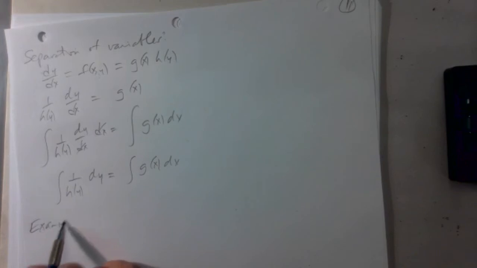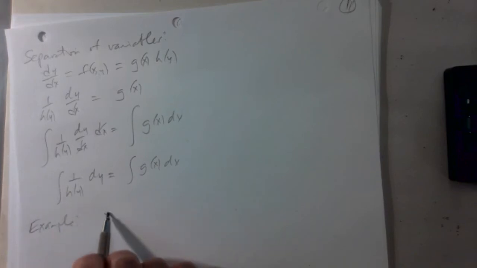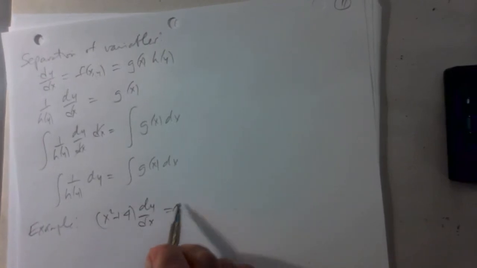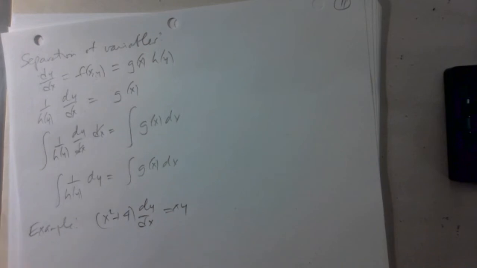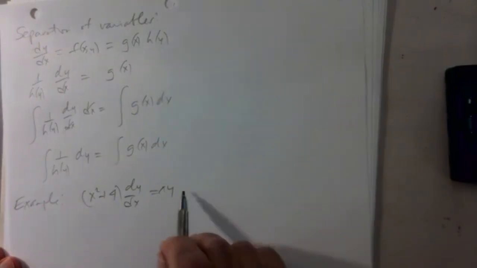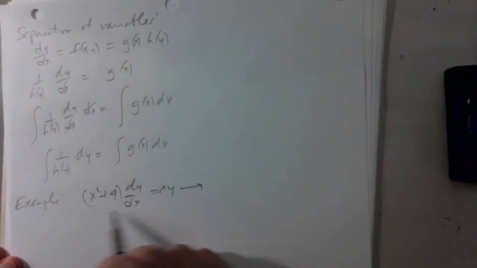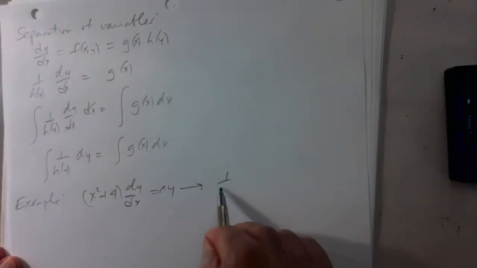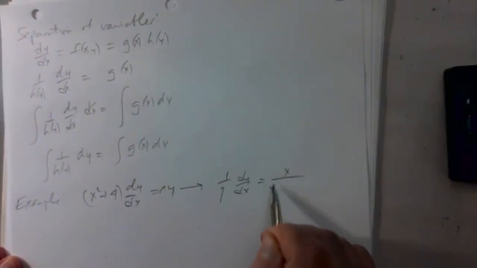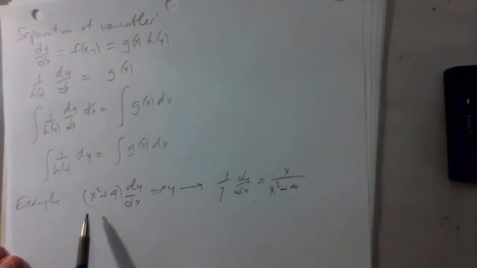So all of these come from first-year calculus. You have the equation, say, (x squared plus 4) dy/dx equals x times y. And I want to separate variables. That means I want to get all the y's on one side of the equation and all the x's on the other. So I can bring this y over here: 1 over y dy/dx equals x over (x squared plus 4).